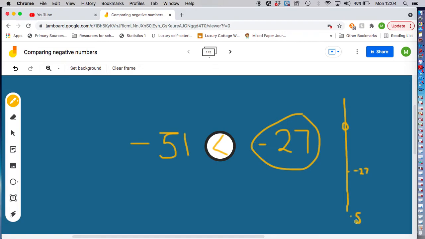Negative 51, and it's not drawn to scale, as some of you will realise, is here. Which one is further away from 0? It's the one that's all the way down here, negative 51. So that must mean it's smaller. The further away from 0, the smaller the number.